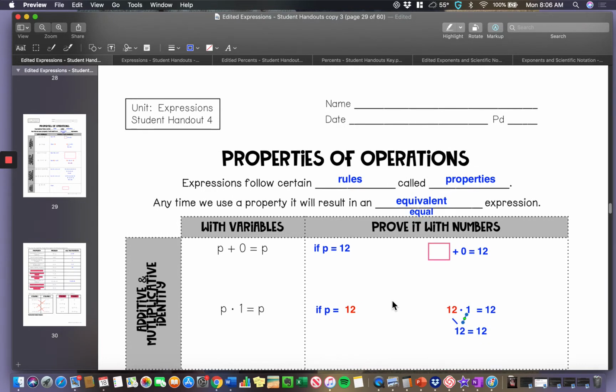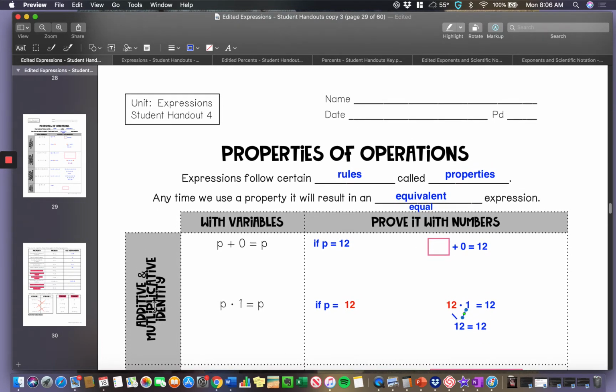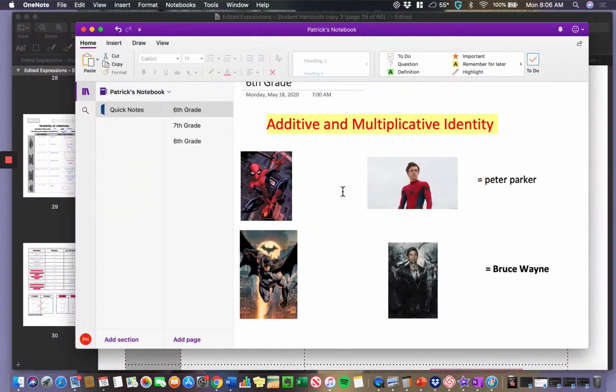Okay, so when I'm thinking about additive and multiplicative identities, I think a lot about superheroes. For example, we have Spider-Man, who is Peter Parker. No matter what, Peter Parker is always his identity.